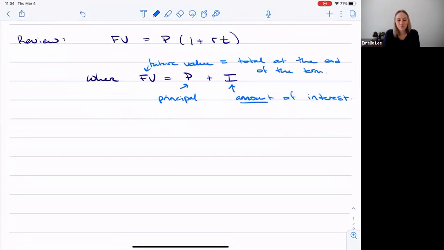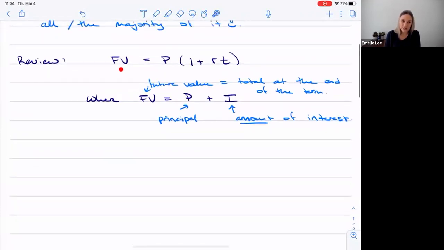We used this formula to find the future value given p, given r, and given t.